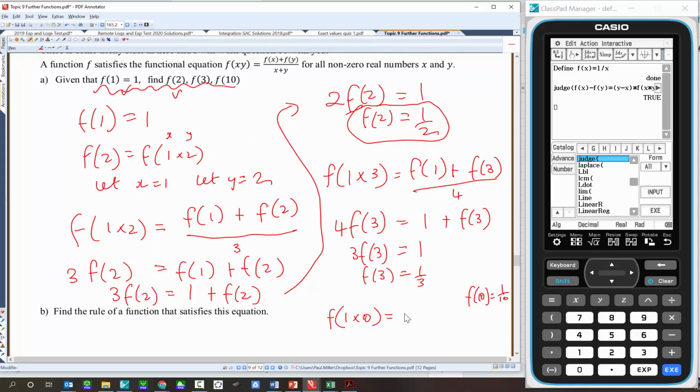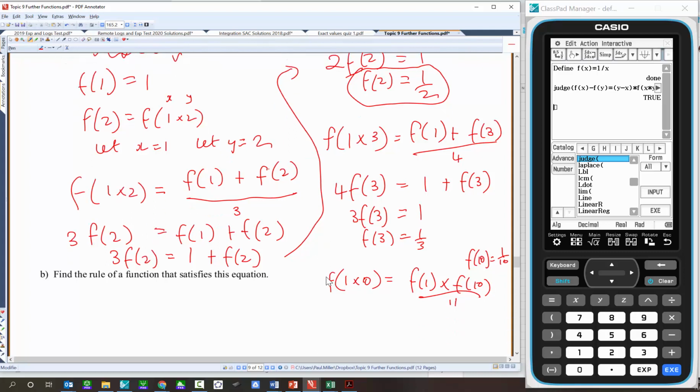So f of 1 times 10 is equal to f of 1 times f of 10 all over, what are we doing? x plus y, which is 11. We've got 11 lots of f of 10 equals 1 times, it should be plus, and I don't know why I put times there.